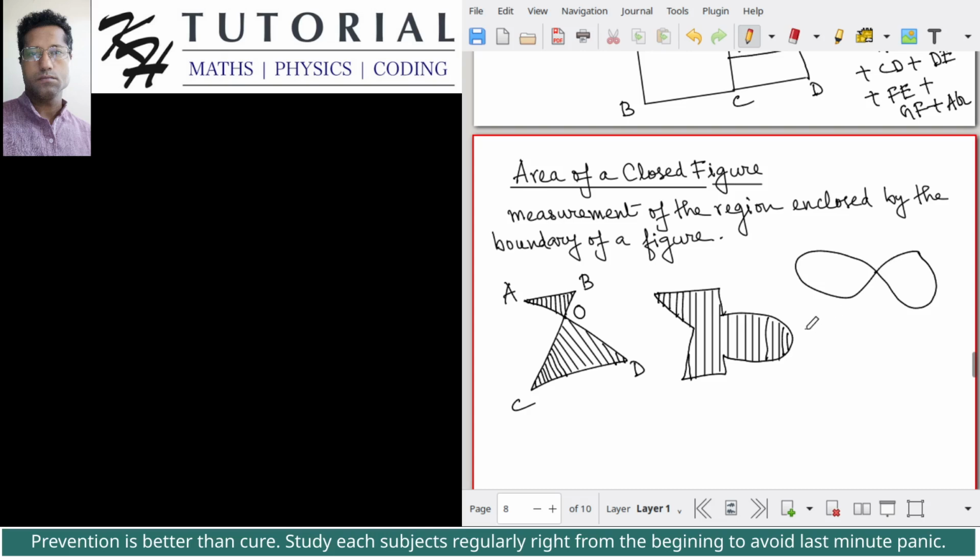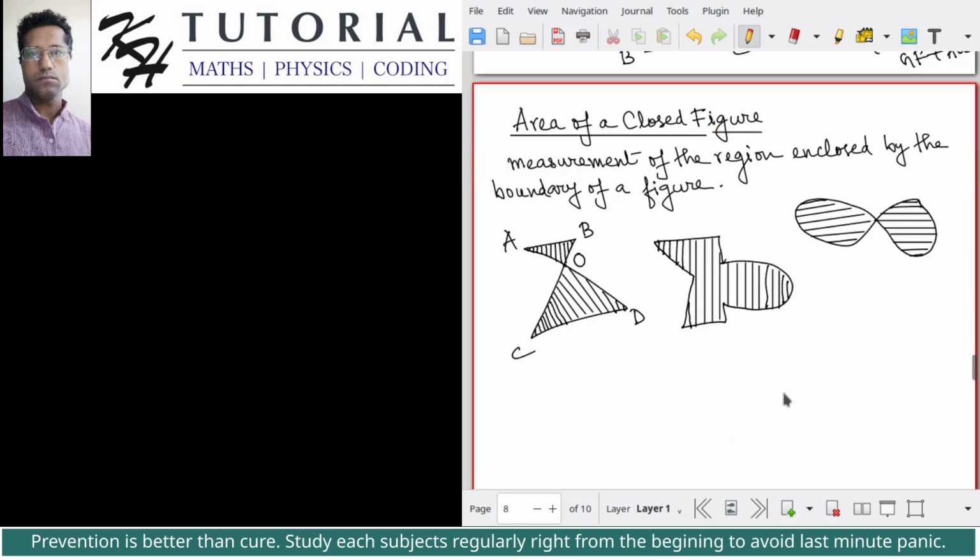But still, this figure is a closed figure, and the region enclosed by this figure is this part, this shaded part. This shaded part is the region enclosed by the boundary of this figure.